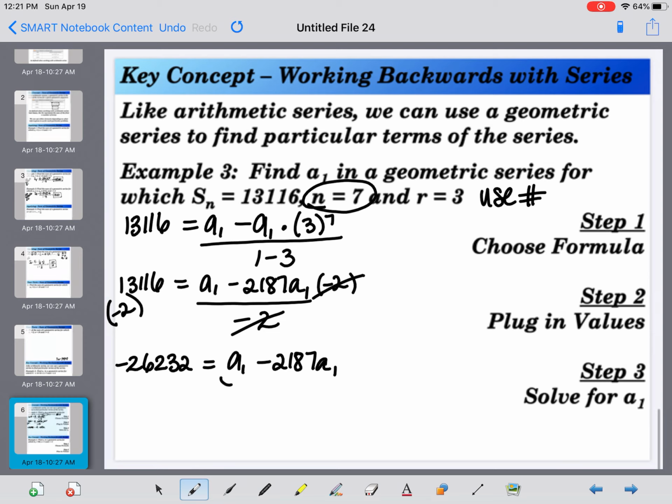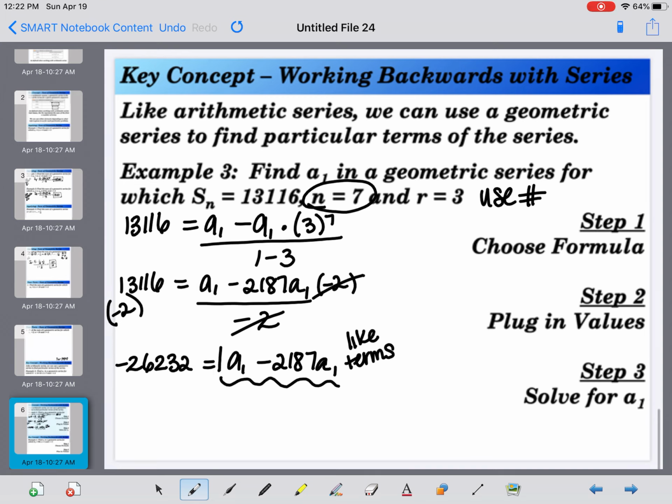At this point in the problem, we actually have like terms over here. We have an a sub 1 minus 2187 a sub 1. This is the trick step. We can combine those.